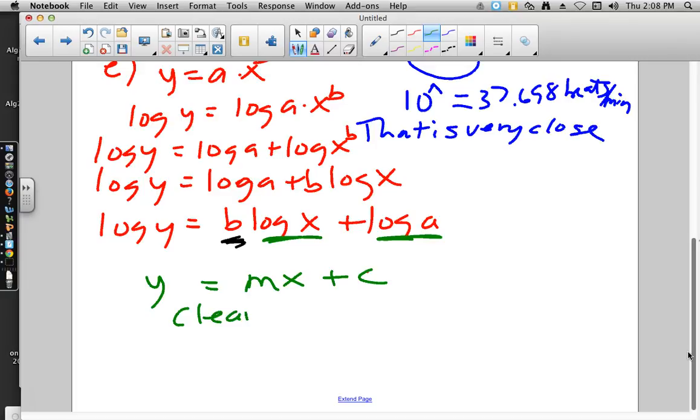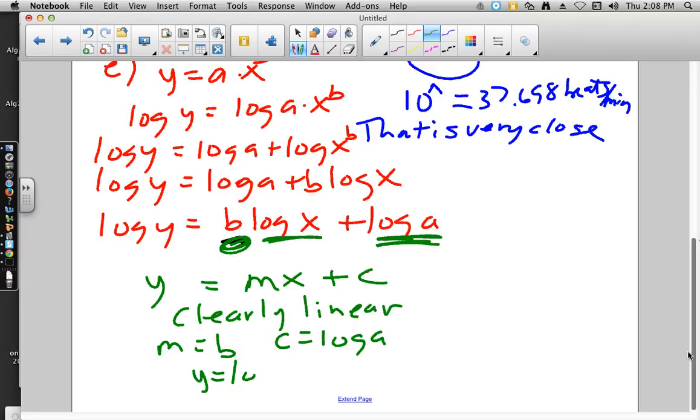So this is clearly linear. It's still an x to the first that we're putting in there. We're still just putting two numbers in front so that we can get a linear model, where in this case m is going to be b. That's what's in the slot for the slope. C is going to equal the log of a because that's what's in this last position.